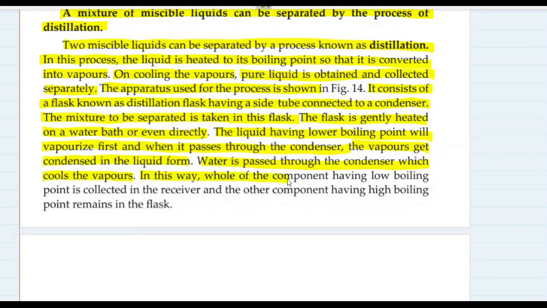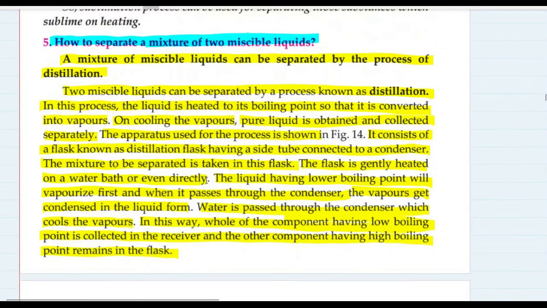In this way, the whole of the component having low boiling point is collected in the receiver, and the other component having high boiling point remains in the flask. This is how two miscible liquids having different boiling points are separated by the process of distillation.